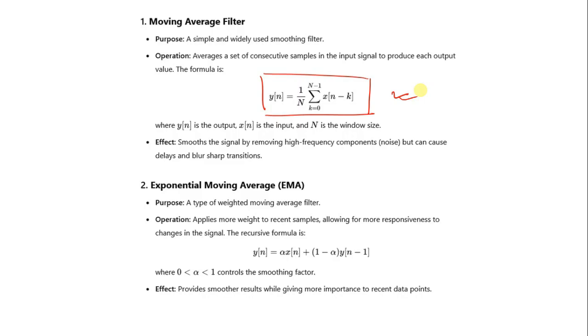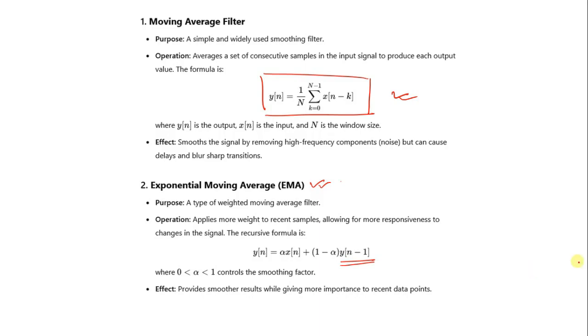In the next case, what we have is the exponential moving averaging filter. Here we have y of n equals alpha times x of n plus 1 minus alpha times y of n minus 1.